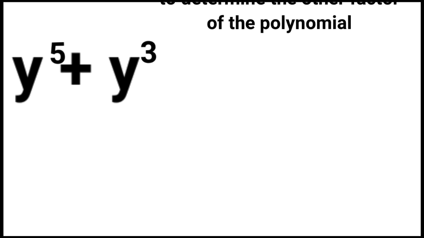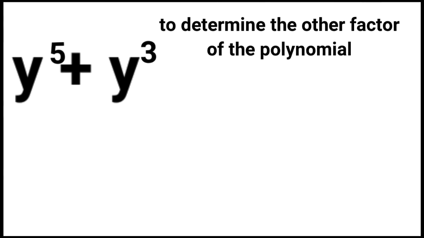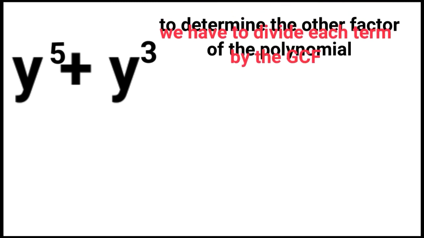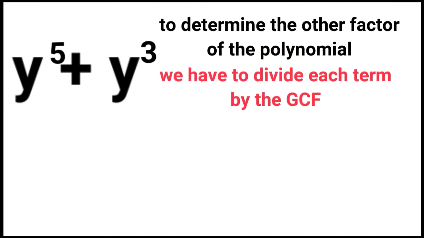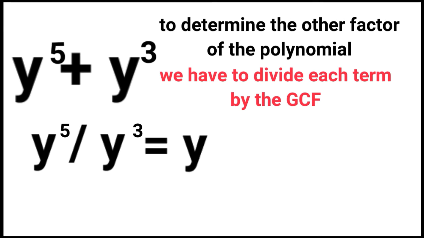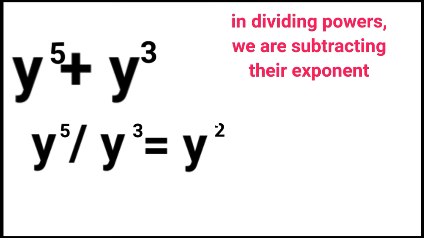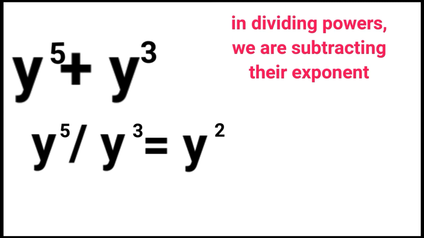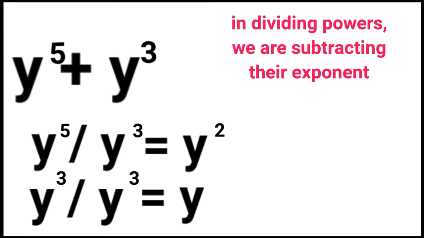To determine the other factor of the polynomial, we have to divide each term by the GCF. So we have y to the fifth divided by y cubed equals y squared. In dividing powers, we are subtracting their exponents. y cubed divided by y cubed equals y to the 3 minus 3 equals y raised to 0.